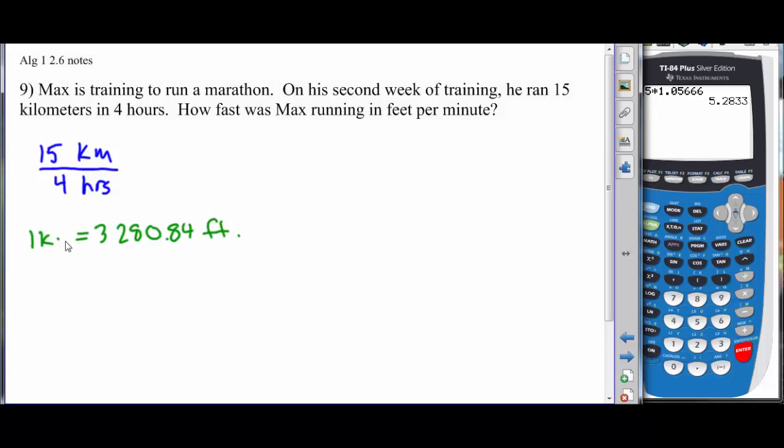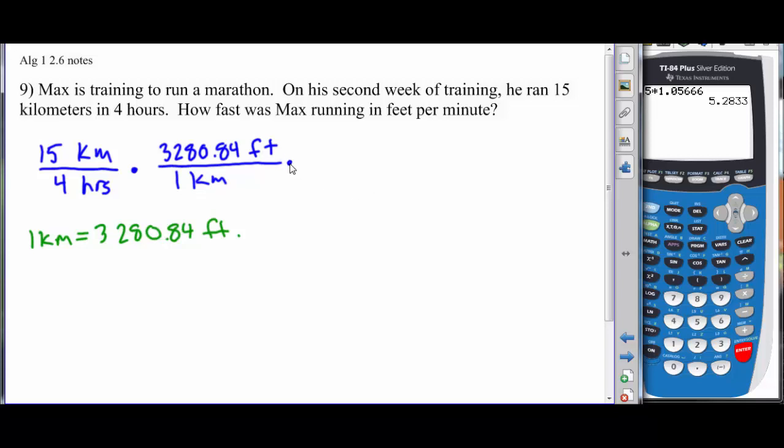So 1 kilometer is about 3,280 feet. Hours, we can convert that. So let's do the feet: 3,280.84 feet per 1 kilometer.